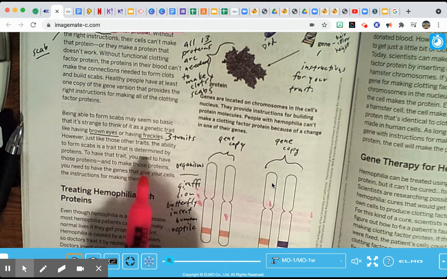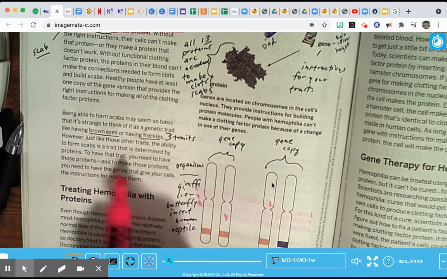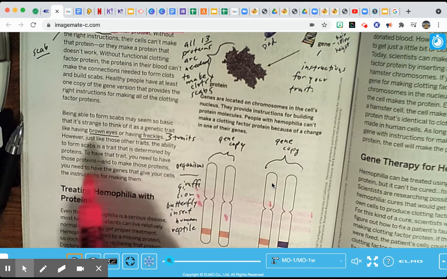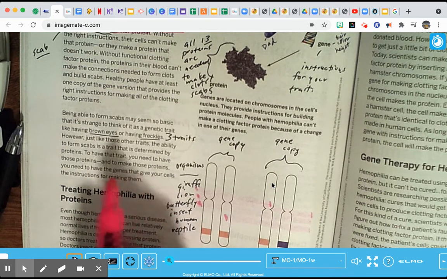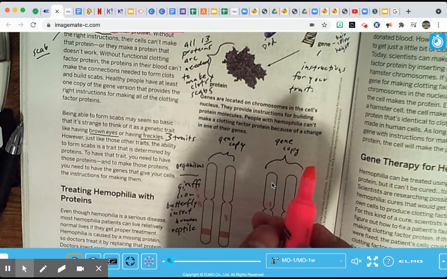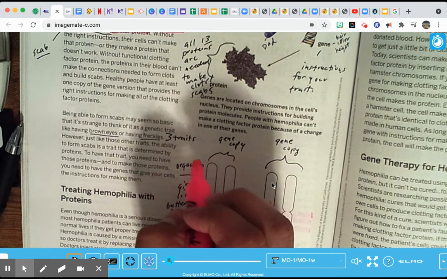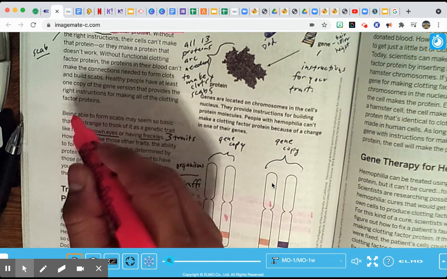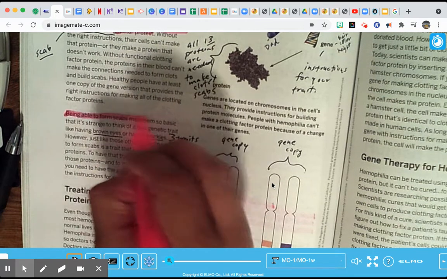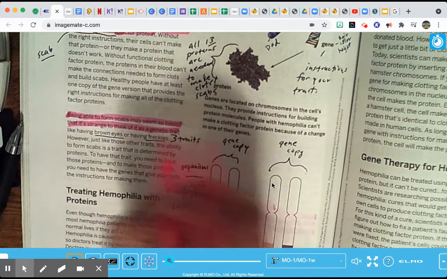To have that trait, you need to have those proteins. And to make those proteins, you need to have the genes that give your cells the instructions for making them. So, yeah, let's say it's this.